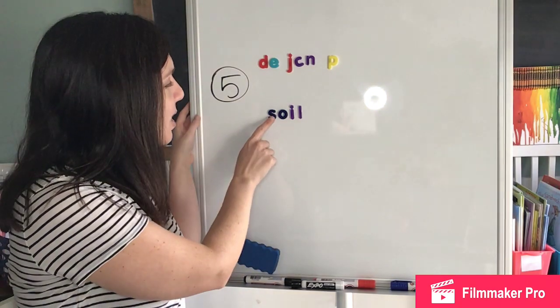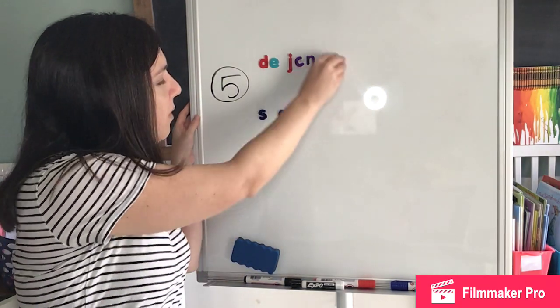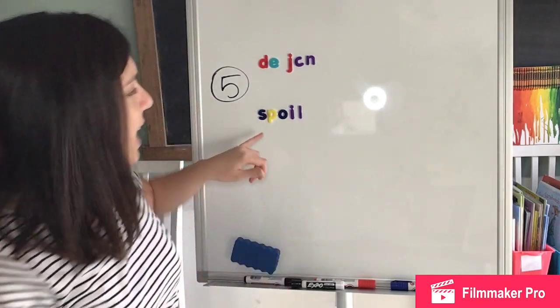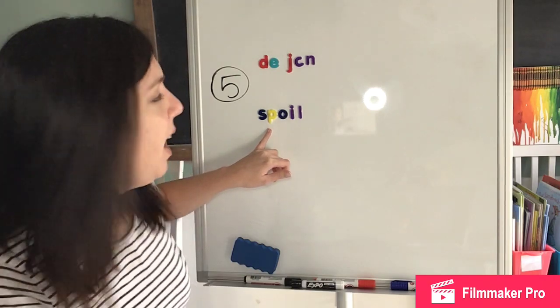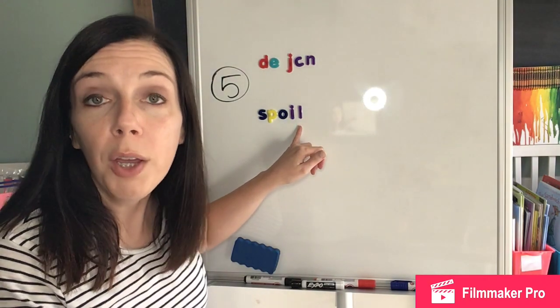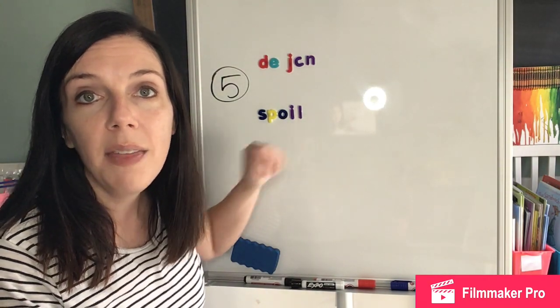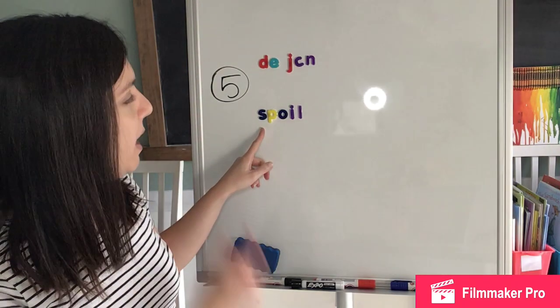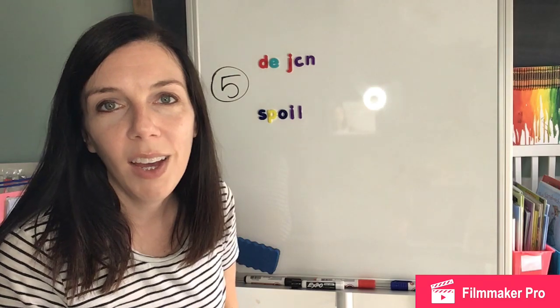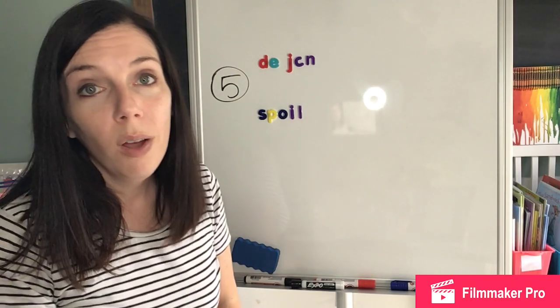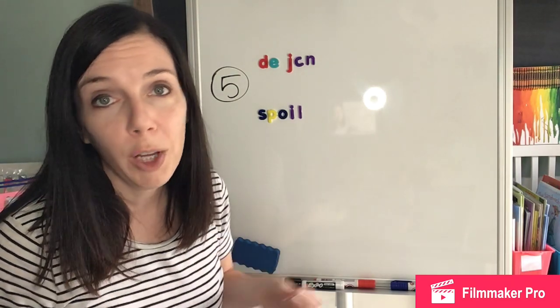Good, the P. So if I scoop this over and I bring my P, then I have the sp sound. And I still hear the oil at the end, that O-I and the L on the end. So we spell spoil, S-P-O-I-L. Very good.